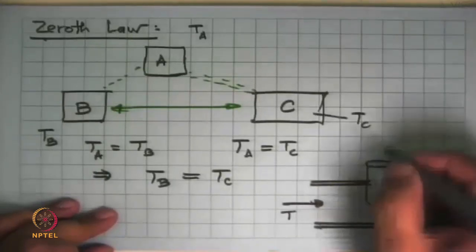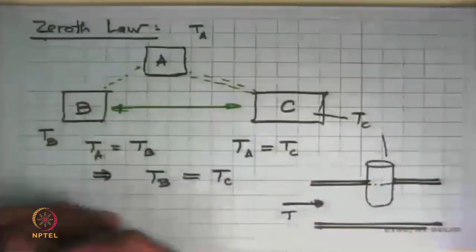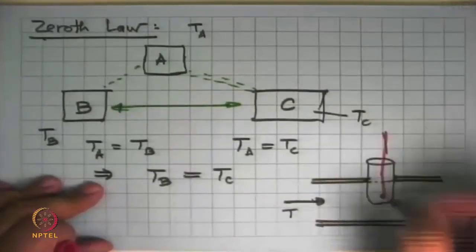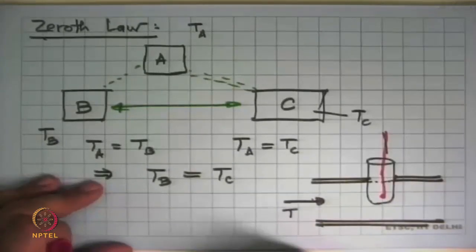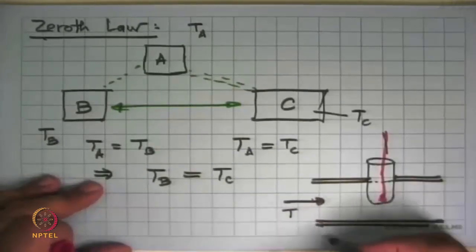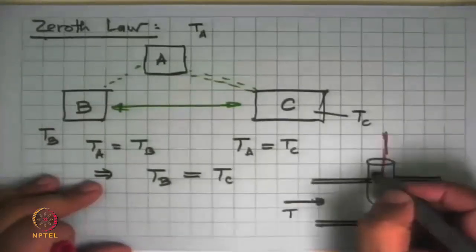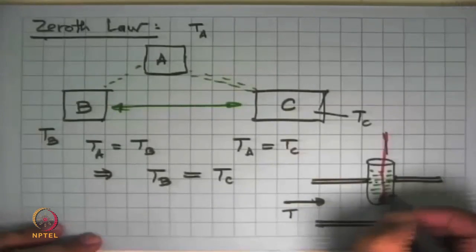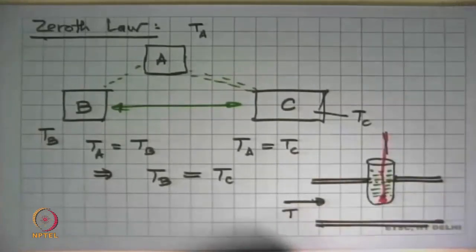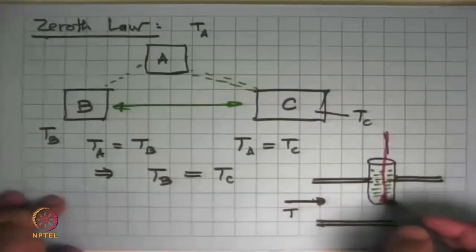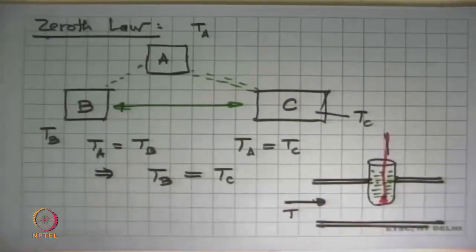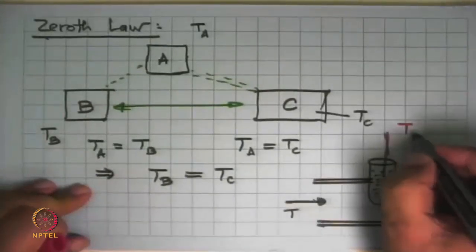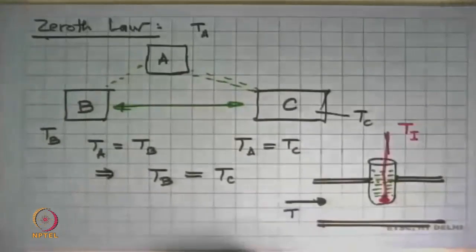And so what we do is we put our sensor inside this, and this could be any of these type of sensors that we have. Say a resistance temperature detector. It could be here or it could be in contact with this inside surface of this tube, and this little thing is filled with a liquid. And what we measure from this instrument is the temperature of this part of this instrument, which we will call, say, TI, temperature of the instrument.